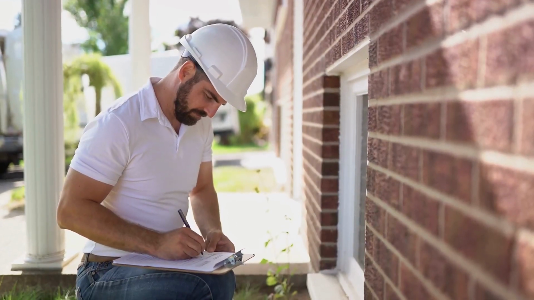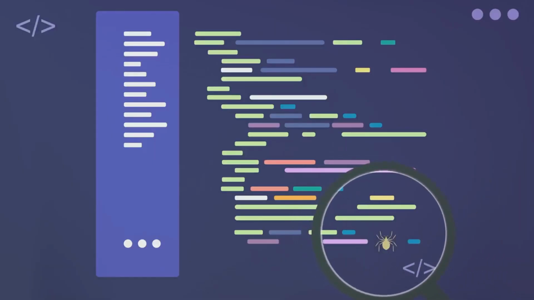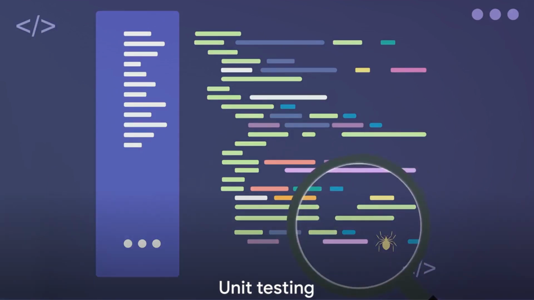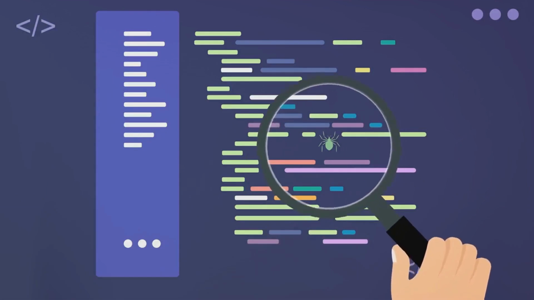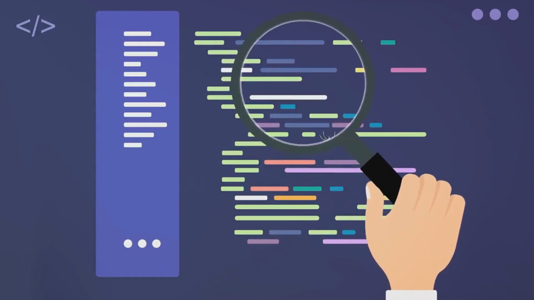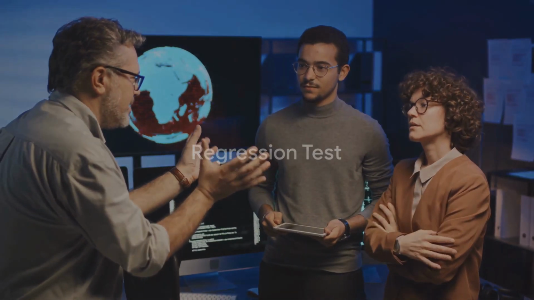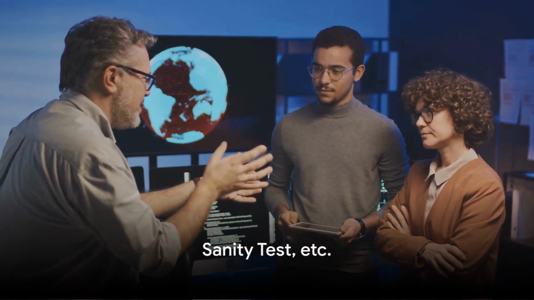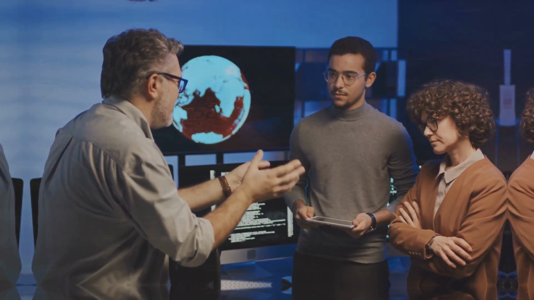If they find any issues, they go back to the development phase and fix them. These tests can have several methods and types. We have unit testing, often done by the development team, the system integration test, regression test, sanity test, etc. We will create another video to discuss all these tests in detail.